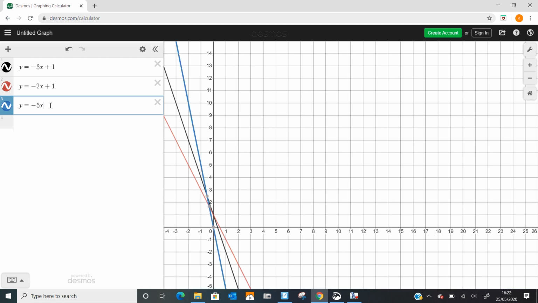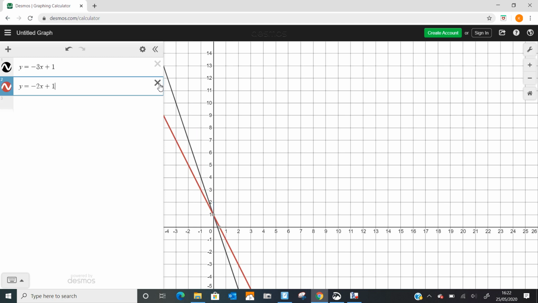Plus 1 would bring it up towards that point that's here on the 0, 1. So you can see the common point at the end there, and I'm going through that point that's common between them all. So that's what your c value is in y equals mx plus c. Right, let's get rid of these ones here. So negative gradients there.